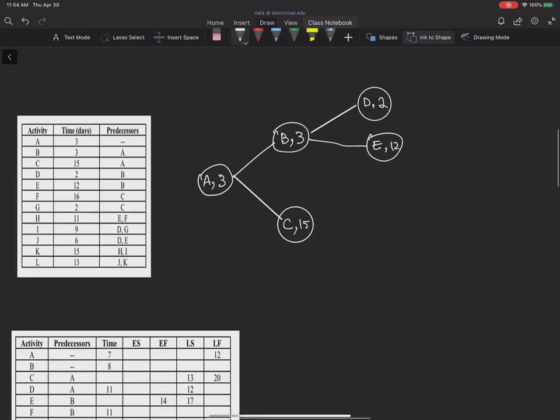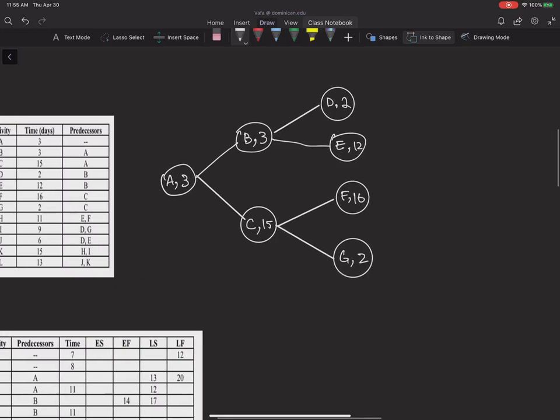After doing activity C, you can see that I can do activities F and G. Okay, so this is my activity F, and this is my activity G. The duration for these two is 16 and 2.